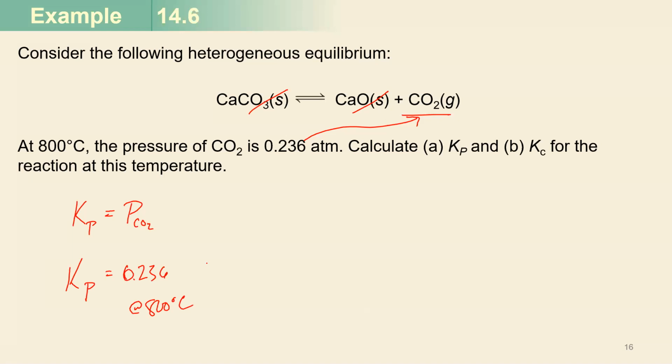Pretty straightforward. Now, to find Kc, we need to know the relationship between Kc and Kp, and that has to do with the ideal gas law, if you remember from Friday. That relationship is Kp equals Kc times RT raised to the power of delta n.